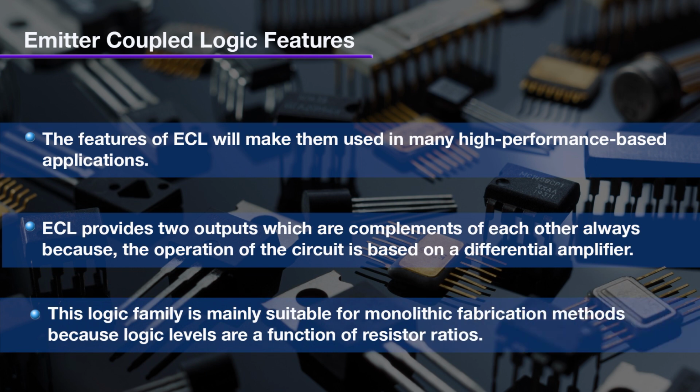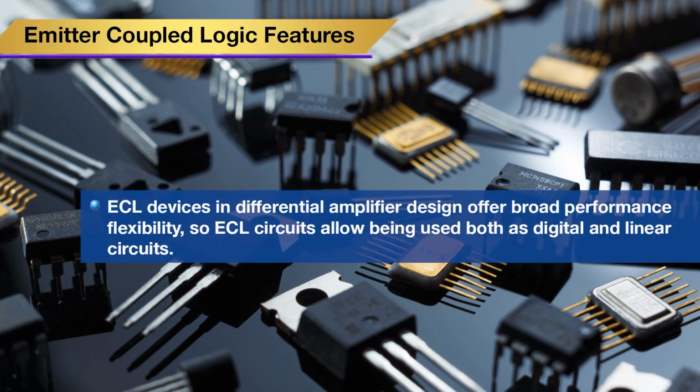This logic family is mainly suitable for monolithic fabrication because logic levels are a function of resistor ratios. ECL devices, a differential amplifier design, offer broad performance flexibility. So, ECL circuits can be used both as digital and linear circuits.